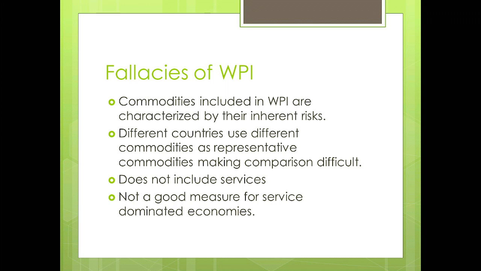Then, different countries: if I have to measure WPI and compare it amongst countries, that will not be the right way, because WPI for our country includes these categories 1, 2, 3, whereas in some other country they may have different commodities included to calculate WPI. So that makes a huge difference.